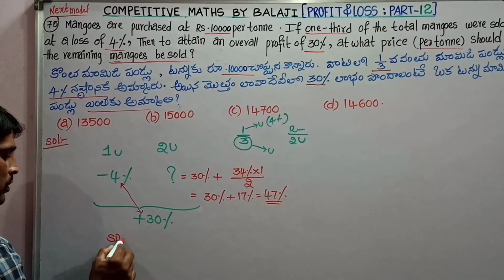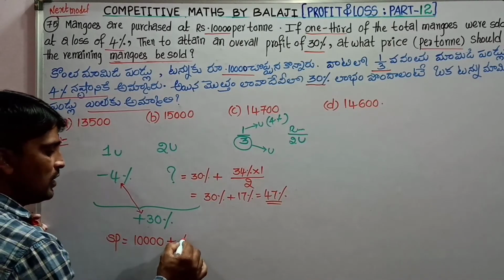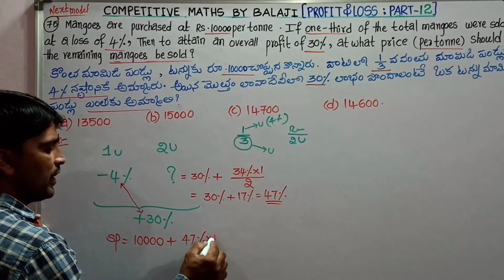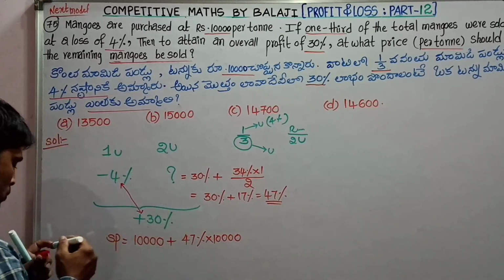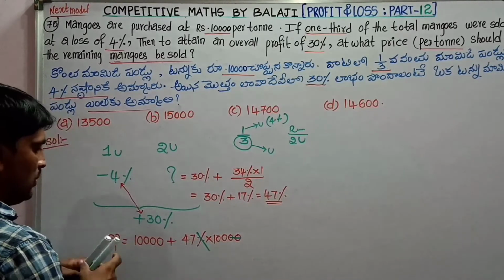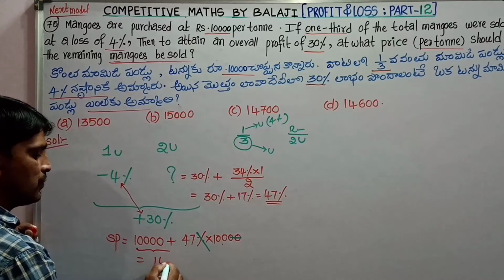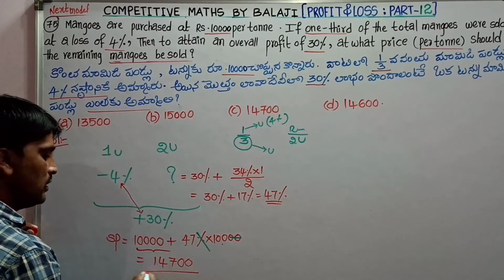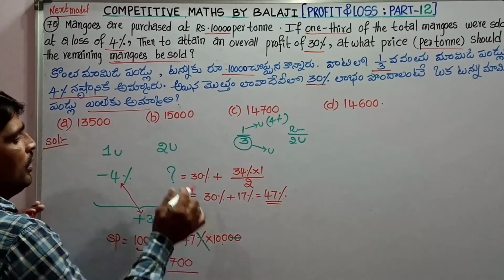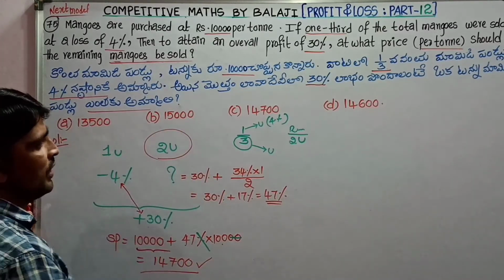Selling price is equal to cost price 10,000 plus profit, which is 47% of 10,000. The 2 zeros get cancelled. 10,000 plus 47 into 100, 4700, that is 14,700. So the selling price of the remaining mangoes per ton is 14,700 rupees.